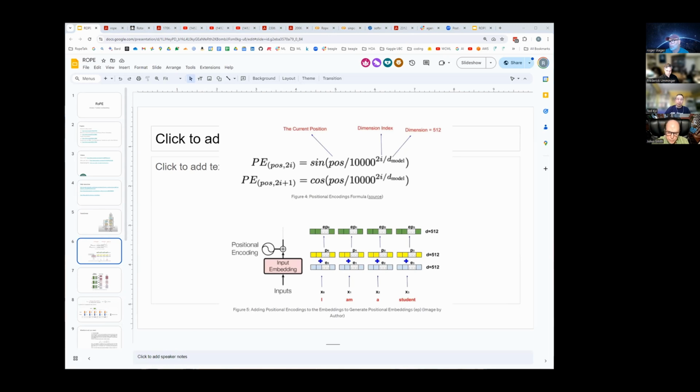And the way I think of it, which is probably not exactly right because they're sines and cosines, is that if one of the sines has a very high frequency, it's repeating over and over again. Let's say it repeats every 10 tokens. Then basically it's telling you the value of your position mod 10. It's telling you the units digit, right?